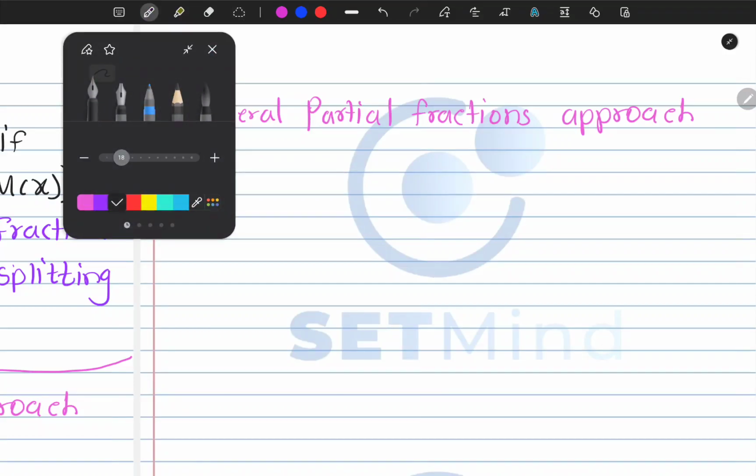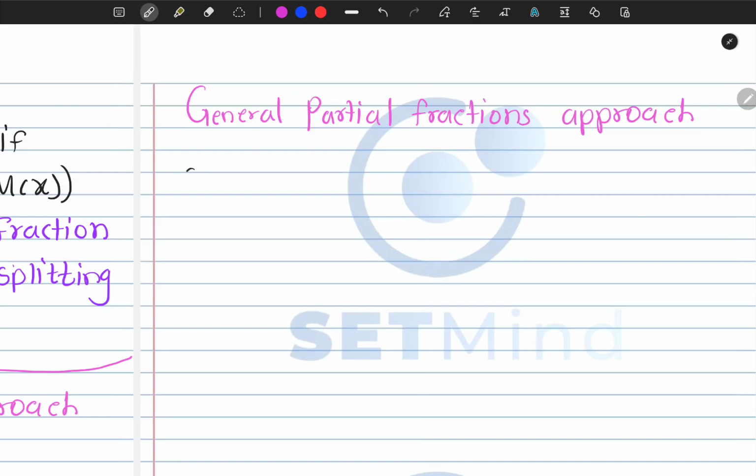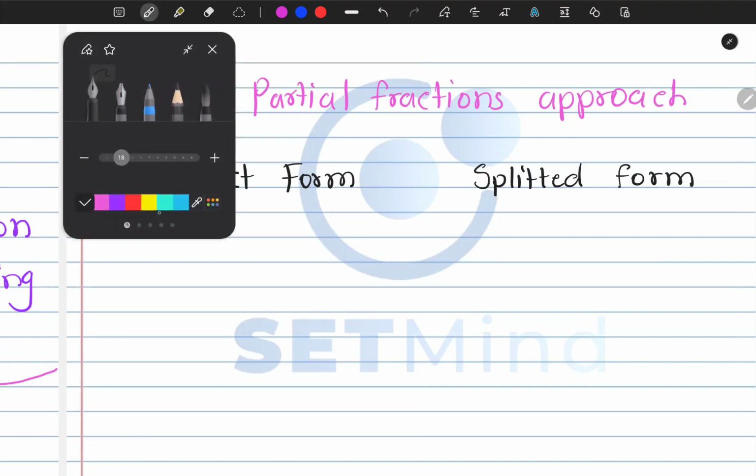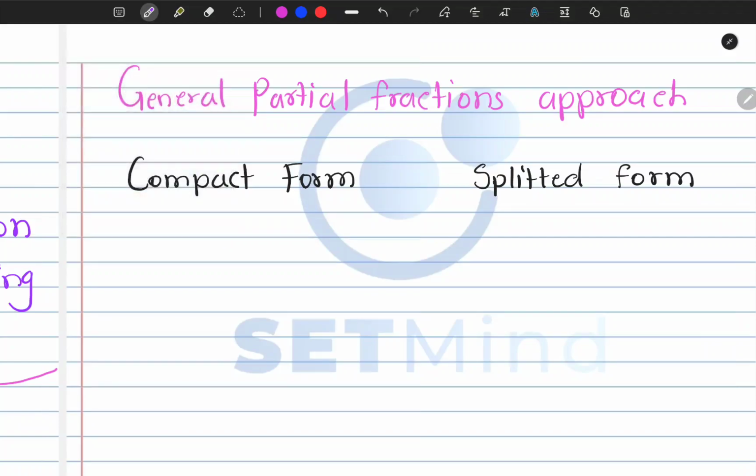As I say, it is the compact form, and we are going to have the splitted form. We are going to be looking at several cases. So let's go ahead and do so.